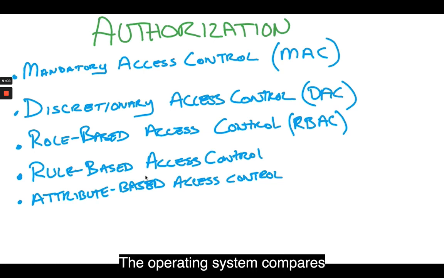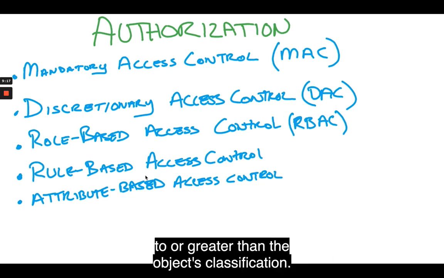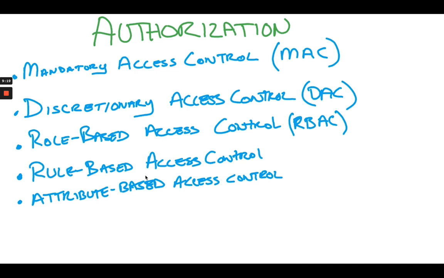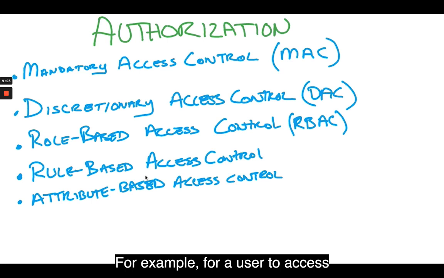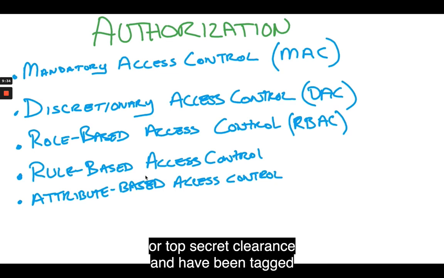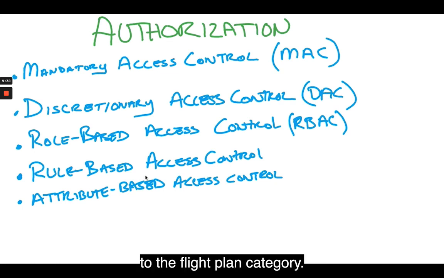The operating system compares the object's security label with the subject's security label. The subject's clearance must be equal to or greater than the object's classification. The category must match. For example, for a user to access a document classified as secret and categorized as flight plans, the user must have either secret or top secret clearance and have been tagged to the flight plan category.